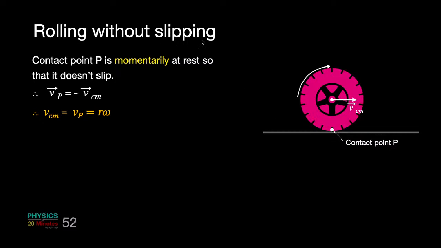If it is rolling without slipping, then the distance traveled by the wheel on the road in one rotation has to be equal to one circumference. So when this particle rolls and comes back at some further point, the distance traveled on the road surface is 2 pi r. If that is satisfied, again it is rolling without slipping.